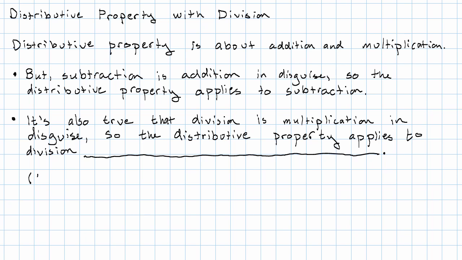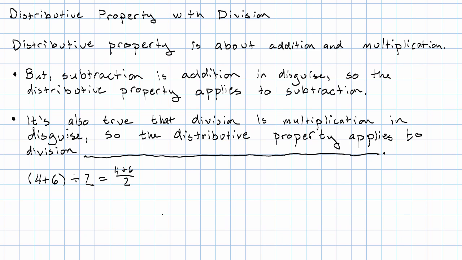Let's say I have 4 plus 6 divided by 2, which I could also write in fraction notation as 4 plus 6 over 2. Now I'm doing this with an expression involving only numbers, so that we can see that everything has actually worked.